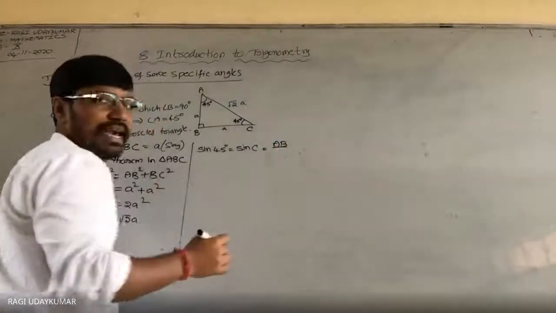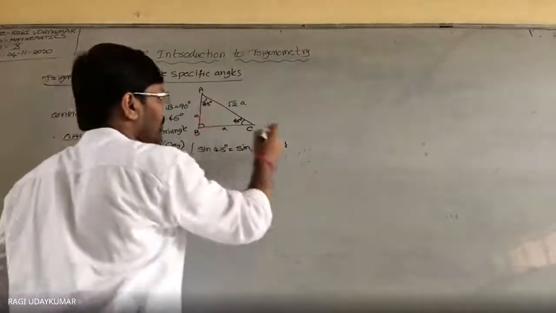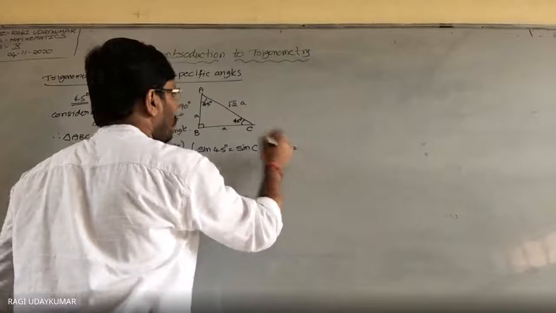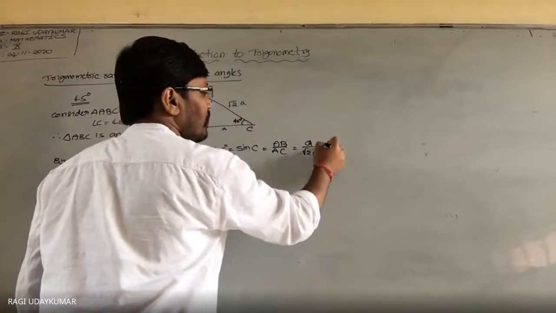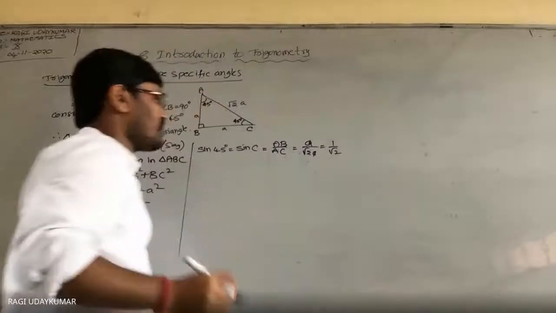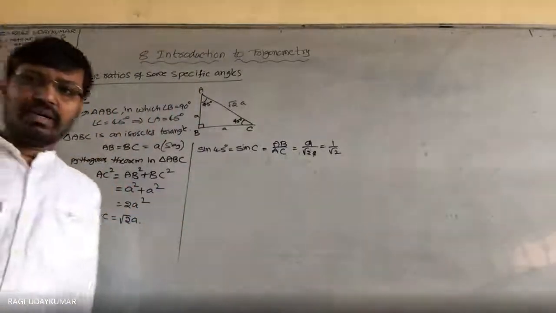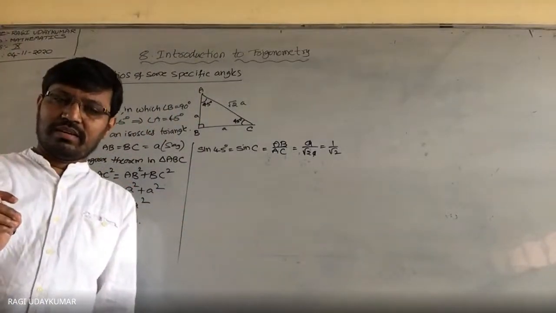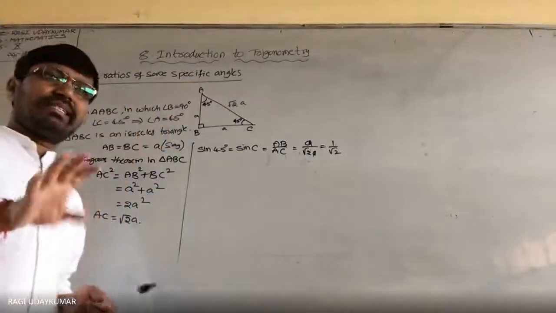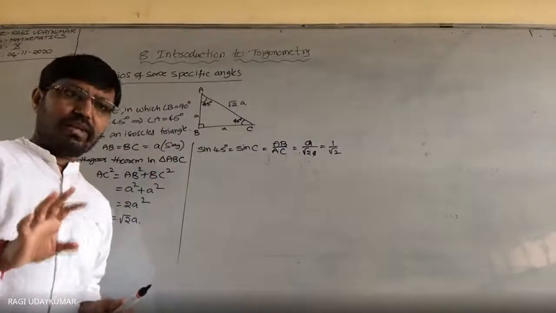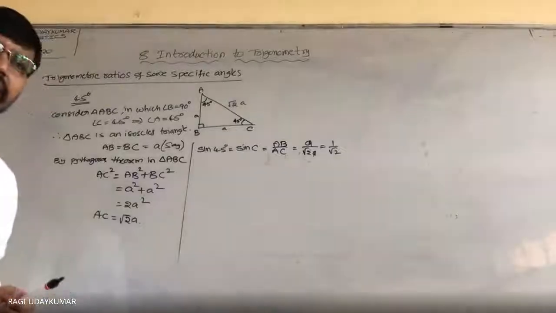And the hypotenuse? AC. So AB by AC, A by root 2 A. A will get cancelled, 1 by root 2. So what is the value of sin 45? 1 by root 2. This is fixed whenever you take 45 degrees. So sin 45 degrees is 1 by root 2.